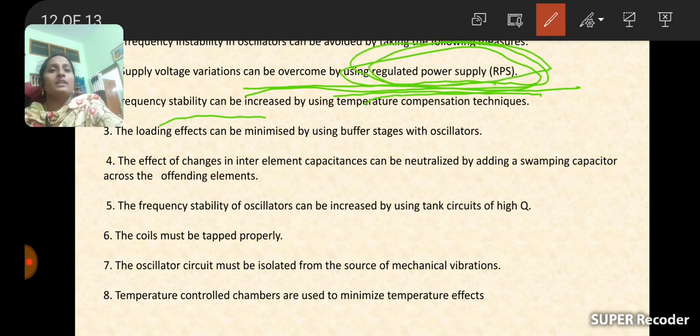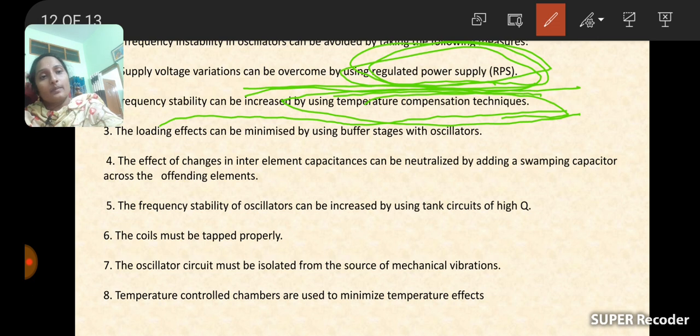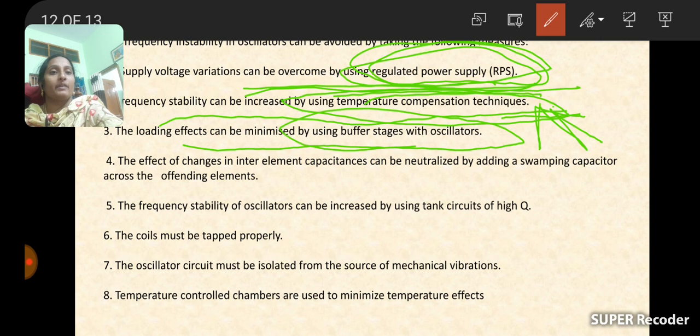And frequency stability can be increased by using temperature compensation technique. Why? Because of temperature variations, the circuit becomes unstable. So the temperature variations can be compensated by using temperature compensating techniques. And the loading effect can be minimized by using buffer stages.